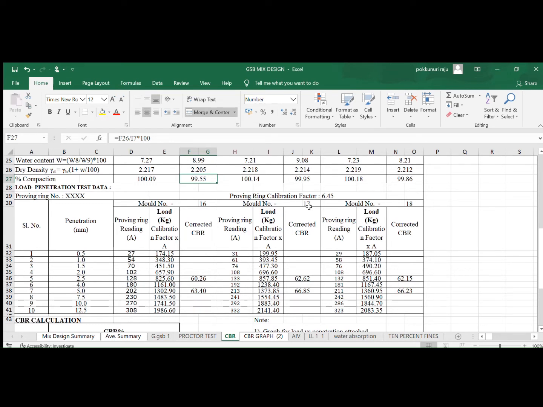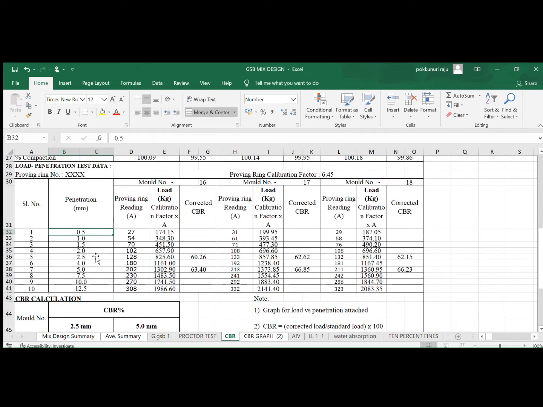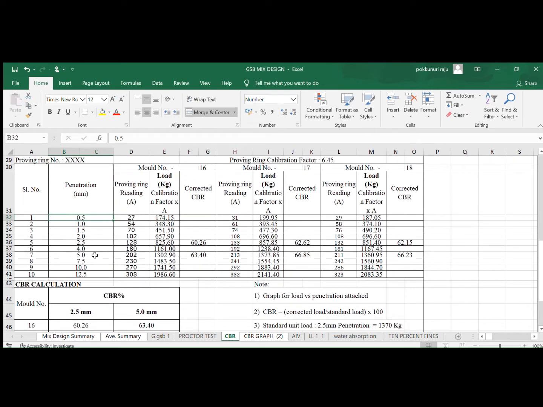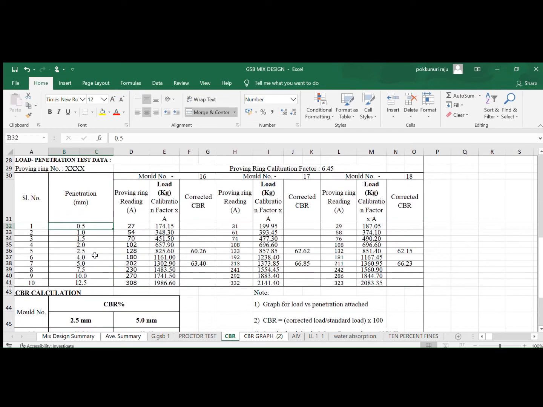The proving ring has a calibration factor of 6.45. That means this is the multiplication factor of the readings checked in the penetration apparatus. The rate of loading is 1.25 millimeters per minute for the CBR plunger to penetrate the soil in the machine. The penetration versus load graph has to be found out.